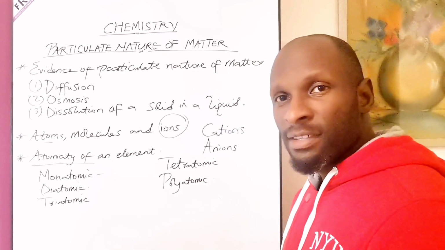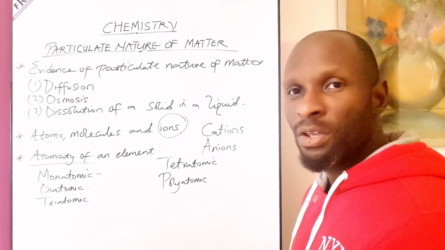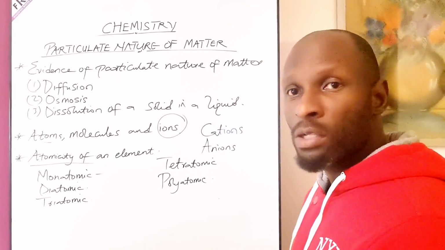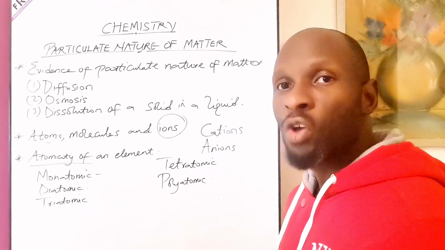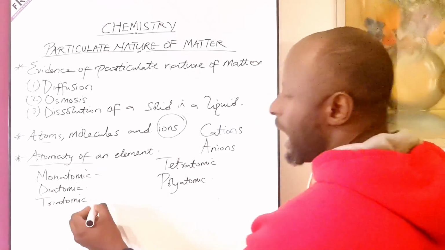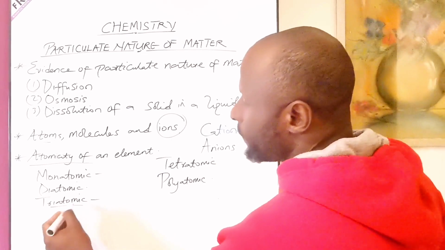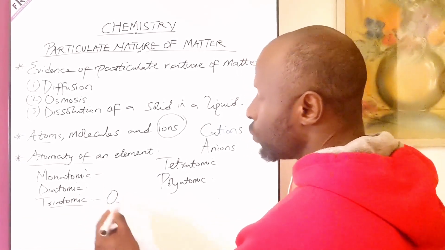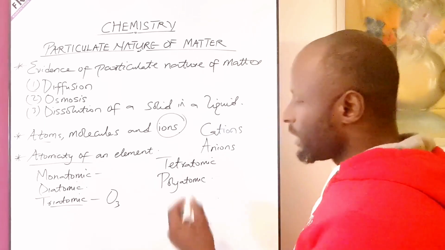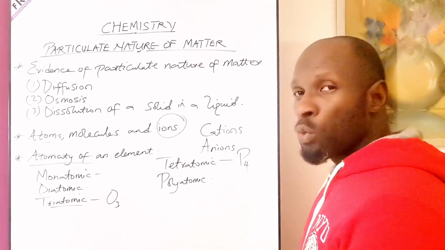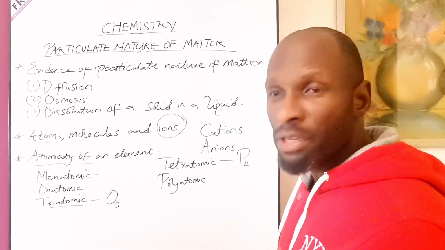Other gases such as hydrogen, oxygen, nitrogen, they are diatomic. Okay? Now, an example of a substance that is triatomic is your ozone. Okay? Now, for tetratomic, your phosphorus is tetratomic.